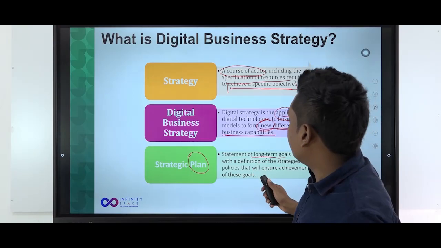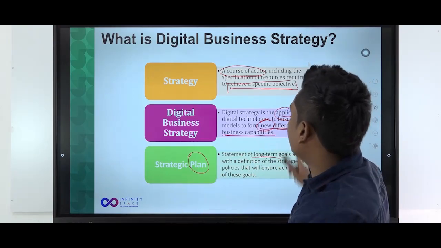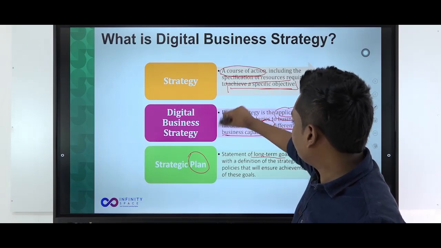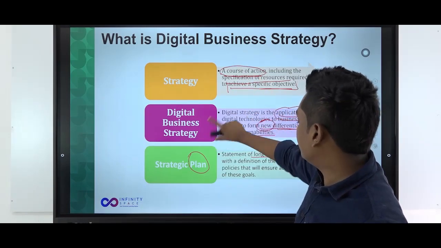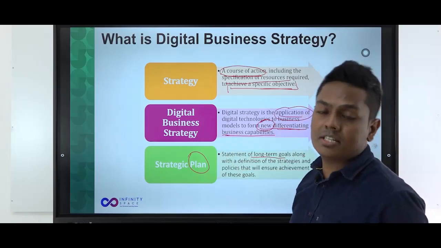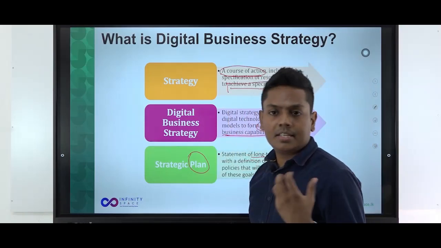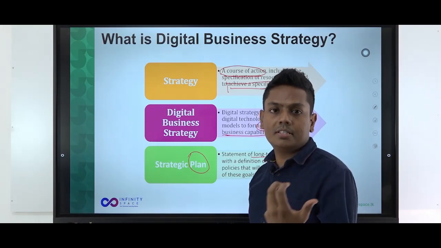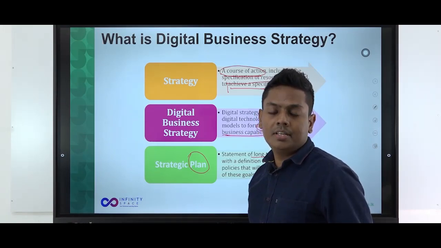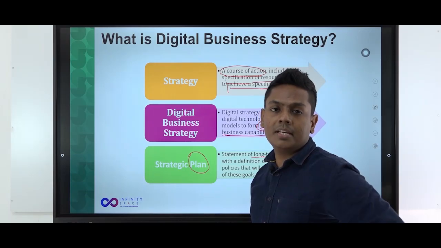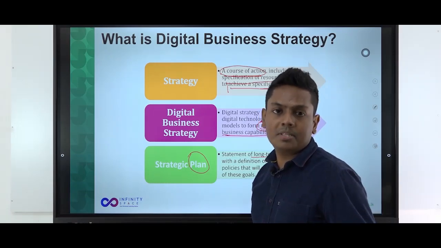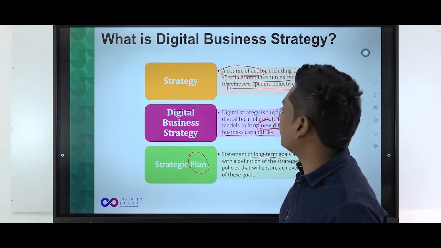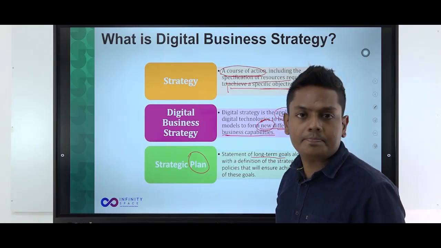This is the understanding of what strategy is, and how you differentiate normal strategy from digital business strategy. Digital business strategy will mainly focus on technological strategies, maybe technological investment in the organization, getting everything online or making everything digitalized, something like that. Just have that in your mind, along with the strategic plan in order to get these things right.